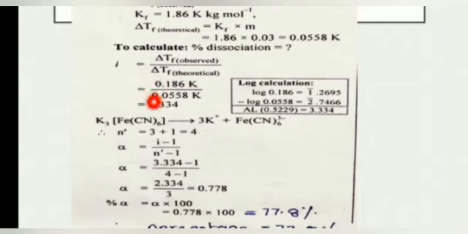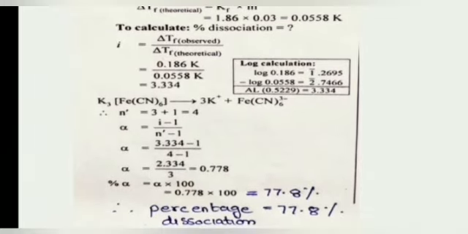Now for this potassium ferricyanide, when it dissociates, the number of particles formed is 4. So here alpha equals (i minus 1) upon (n minus 1). Putting this value, 4, we will get (3.334 minus 1) upon (4 minus 1).